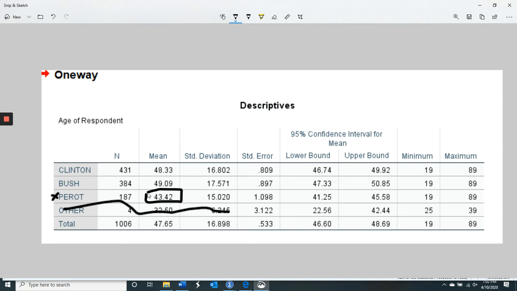So the average Perot voter is 43.42 years old. And the average Clinton voter is 48.33, and the average Bush voter is 49.09. So looking at these numbers, we know that Perot voters are younger than Clinton and Bush voters.